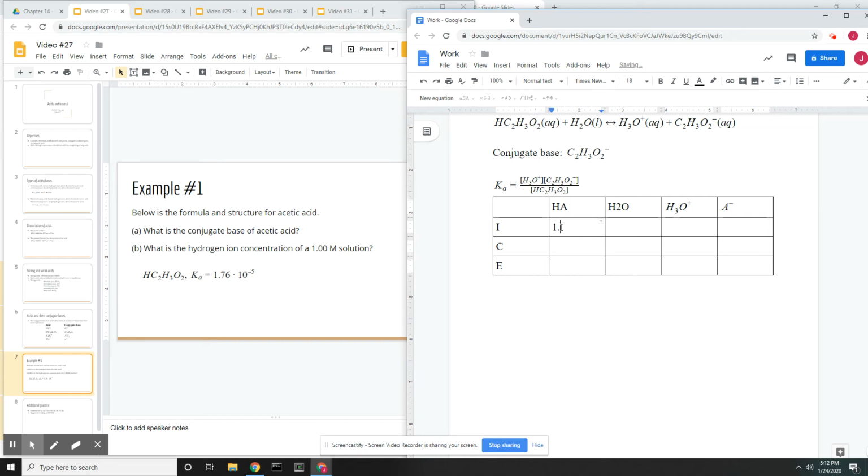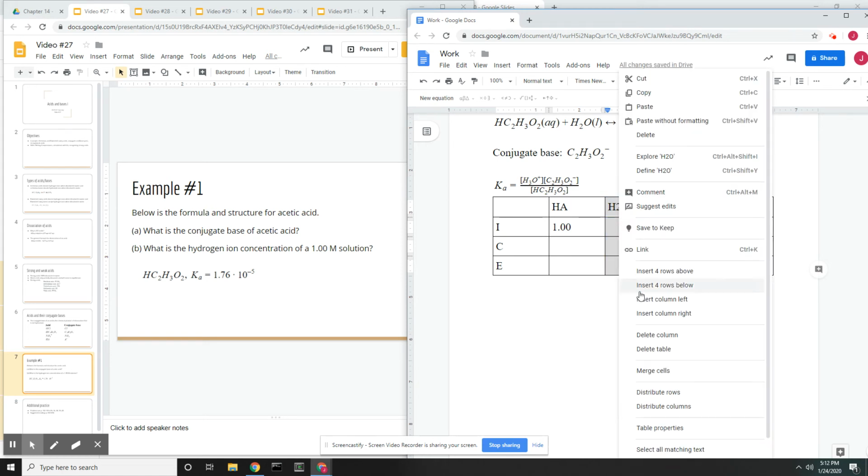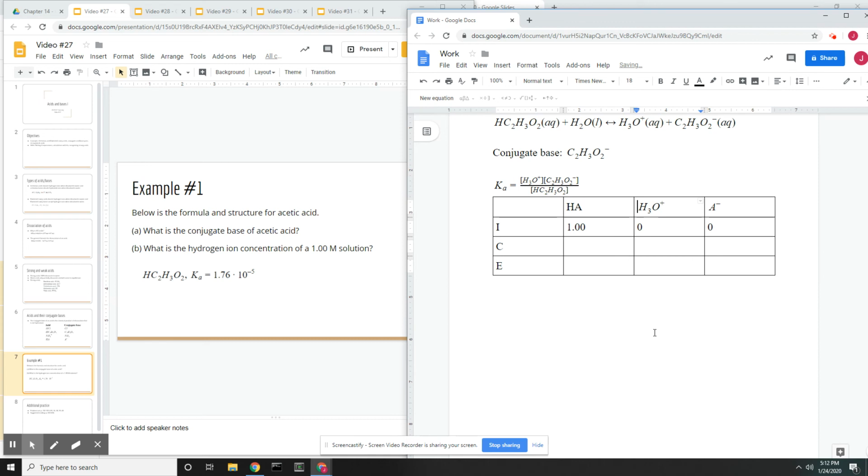So I know that my initial concentrations are going to just be all 1 over here and then 0 over here. So H2O, that is not aqueous or a gas, so I can actually delete the column, or normally if I'm writing this out, I just put a big X through it. I don't really need to calculate Q here. It's pretty obvious that things are going to be moving to the right.